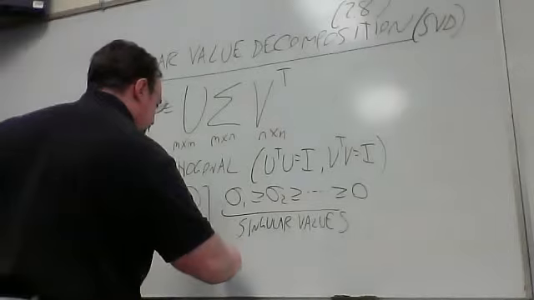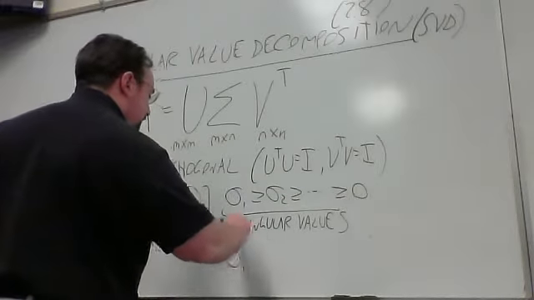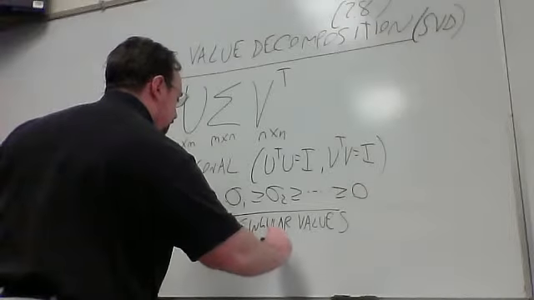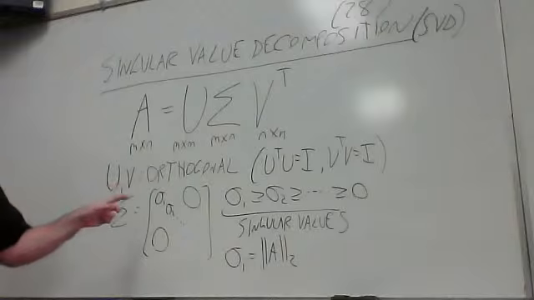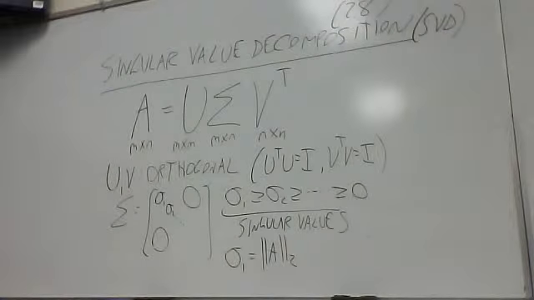One that's particularly interesting is that the largest singular value, sigma 1, is actually equal to the matrix 2 norm of A. Now, one application that I did mention last time I want to get into today relates to the columns of U and V, which I mentioned last time are called the singular vectors.